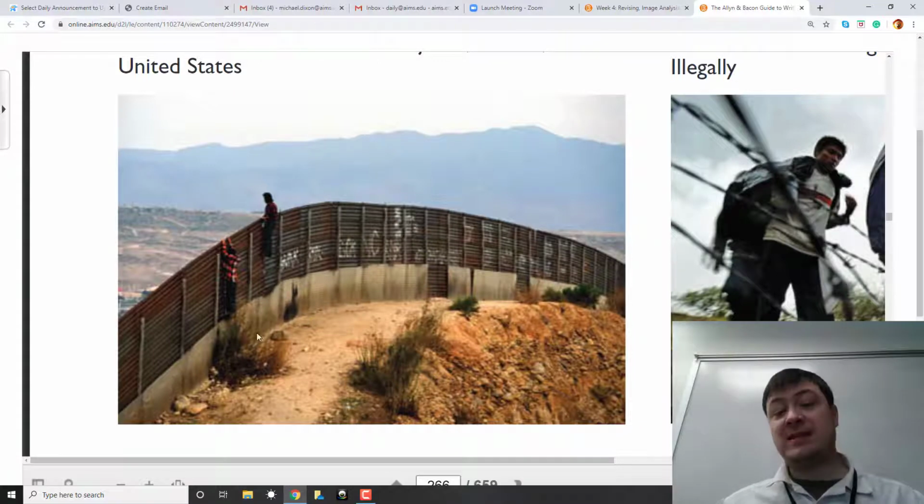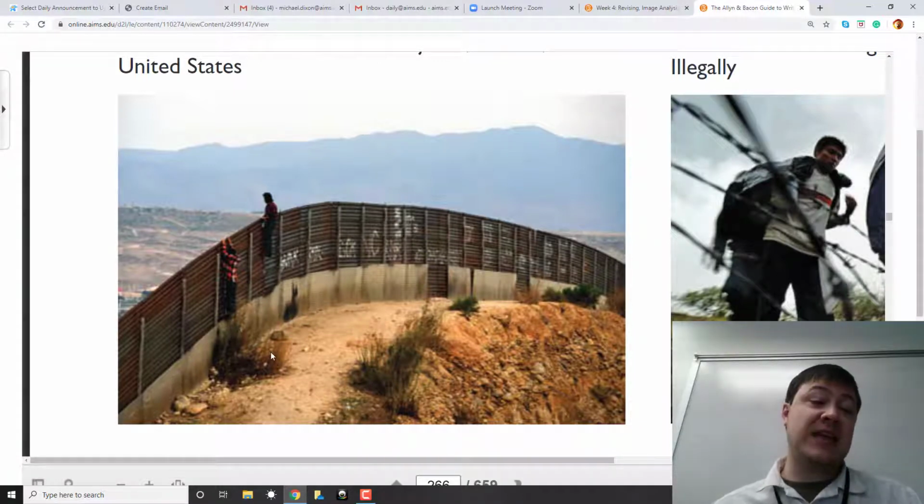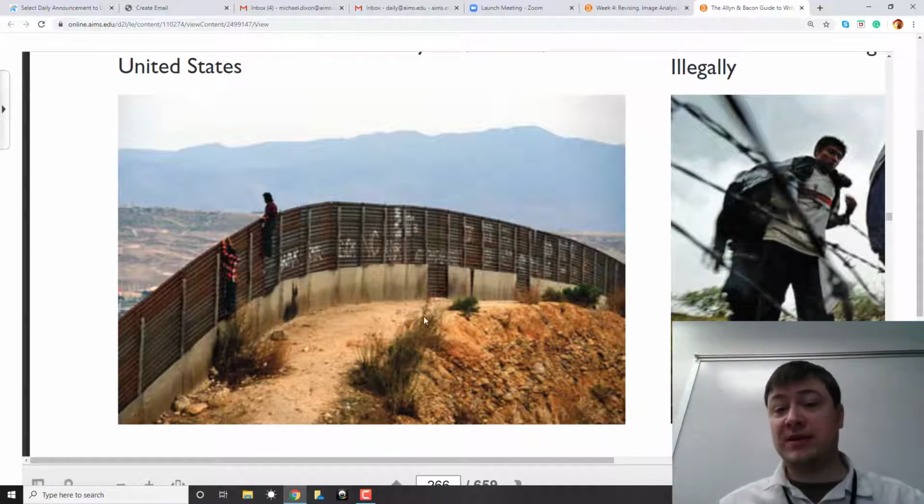And some people I've seen in the past rhetorically analyze this photo saying it's definitely staged, because people wouldn't climb over the wall next to a large city in broad daylight. They'd wait till it was nighttime. Other people have tried to say this is not candid, this is staged, for several reasons.